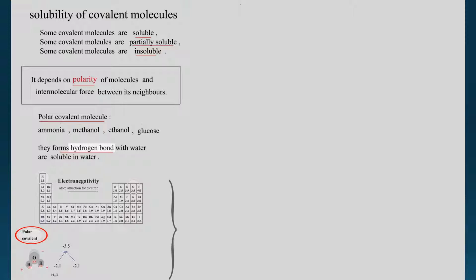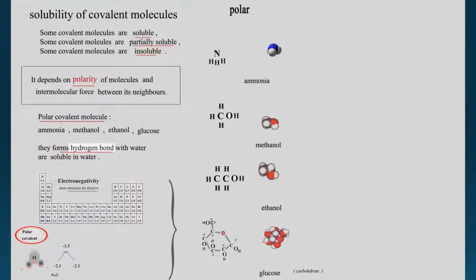So you see in polar molecules like ammonia, they are polar molecules. NH, unsymmetric. Methanol, you have an OH, which is much like water, unsymmetric.